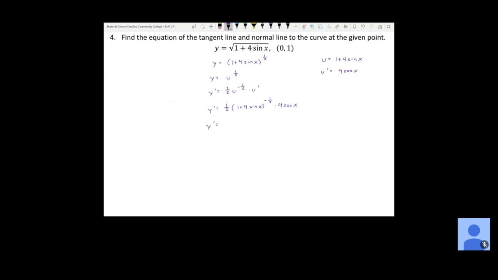So we have a 4 and we have a 1/2. We can actually multiply those together. 4 times 1/2 is just going to give us 2. Cosine x is going to stay in the numerator. Everything in the parentheses is being raised to the negative exponent. That's going to go to the denominator. We're going to end up with 2 cosine x up top over 1 plus 4 sine x to the 1/2 in the denominator.